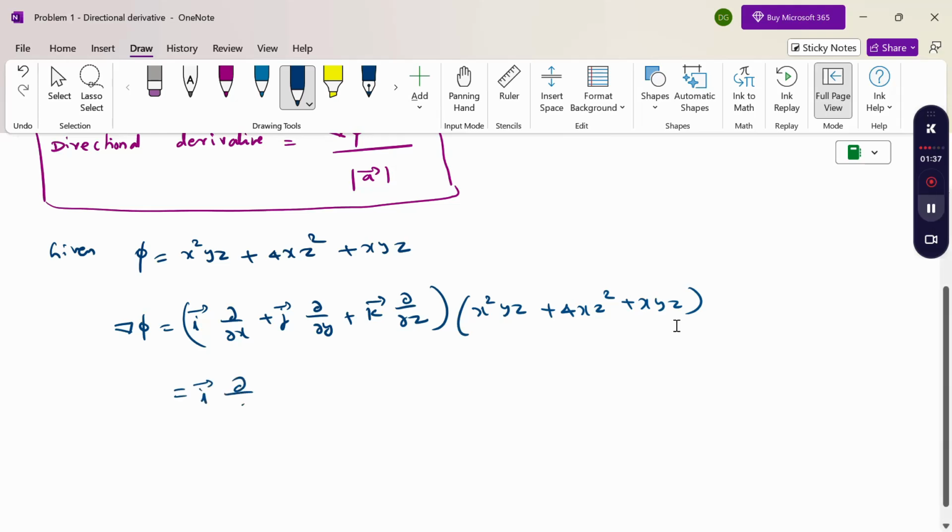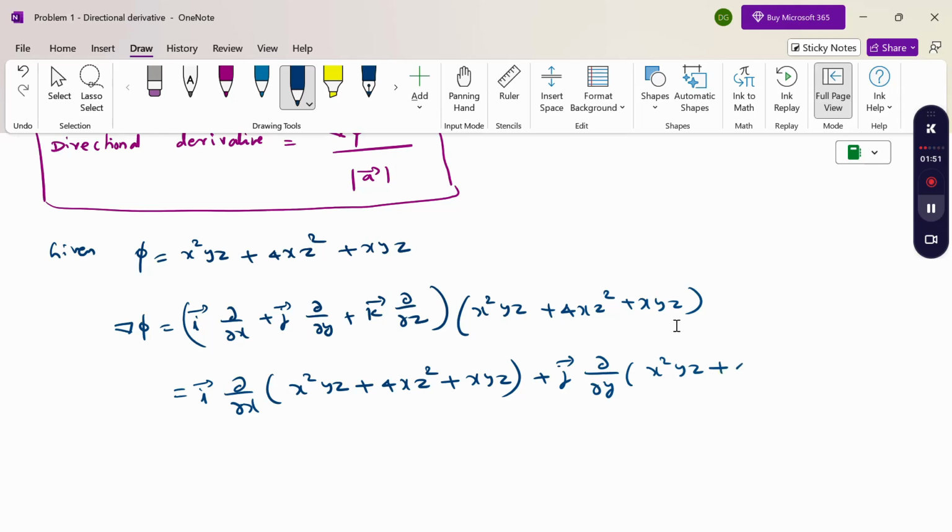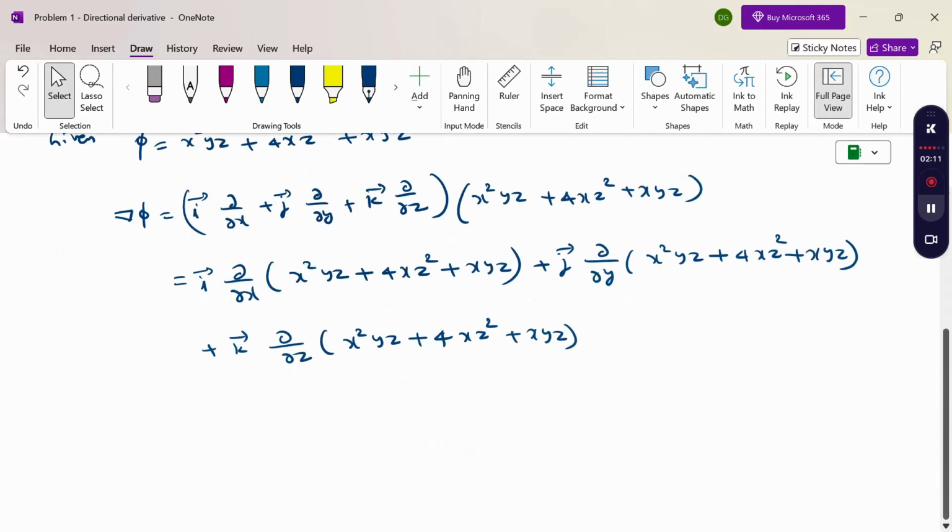Take the partial derivative with respect to x of the first term, where x appears here, here and here.